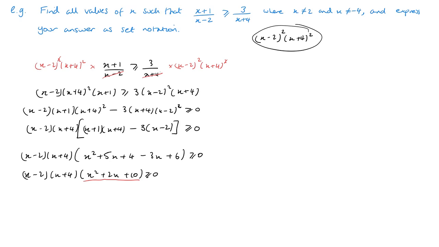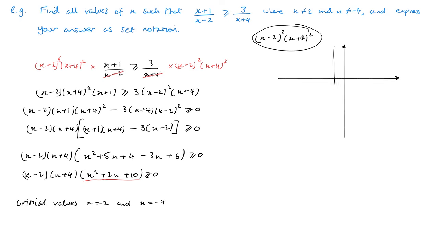So in this case, I'm only going to have two critical values, and my critical values are going to be at x equals 2 and x equals negative 4. So sketching this graph here, so y equals that, it's kind of just going to look like an x squared graph where my values are minus 4 and 2.